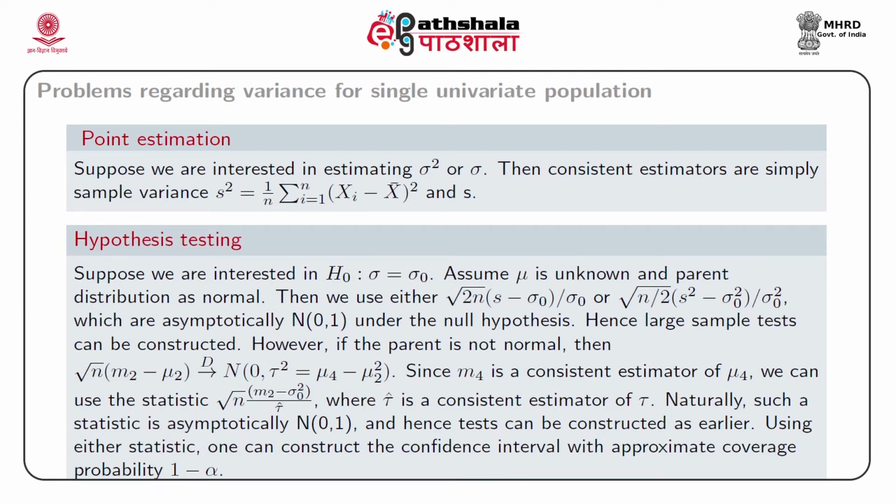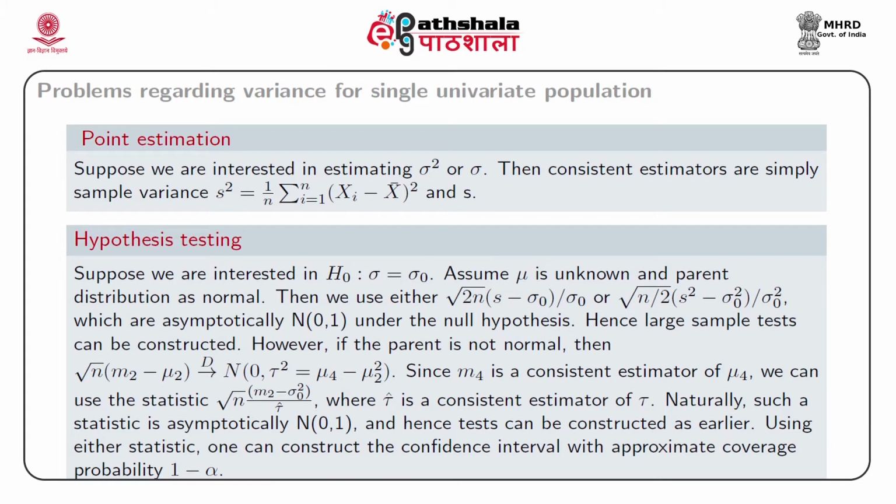However, if the parent distribution is not normal, then the variance of the asymptotic distribution is different from sigma square. For a non-normal parent, we have the result that the large sample distribution of M2, that is the second order central moment, is asymptotically normal with mean mu2, and variance, denoted by tau square, defined as mu4 minus mu2 square.